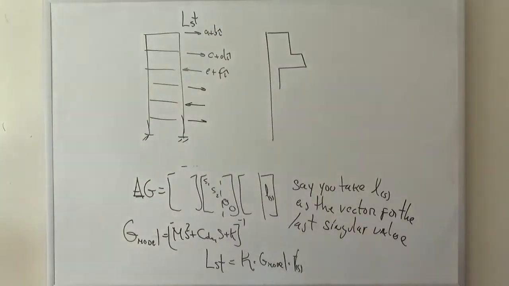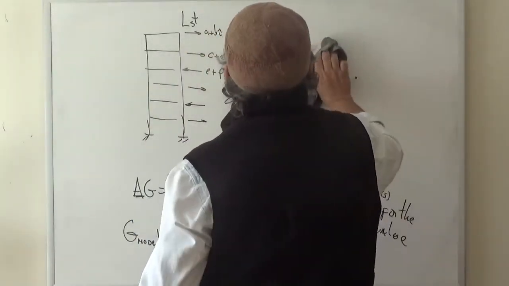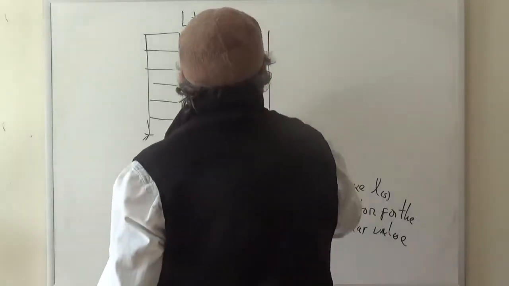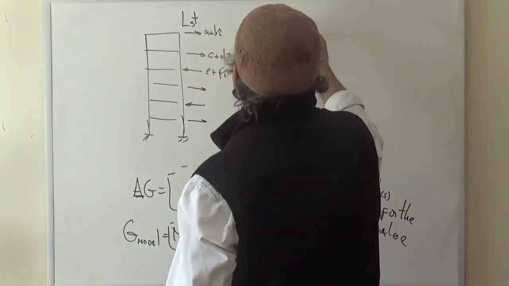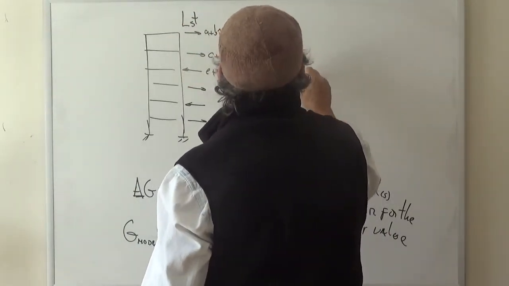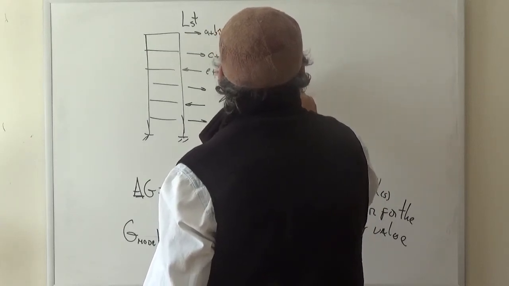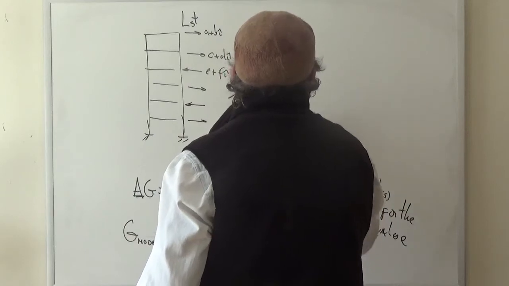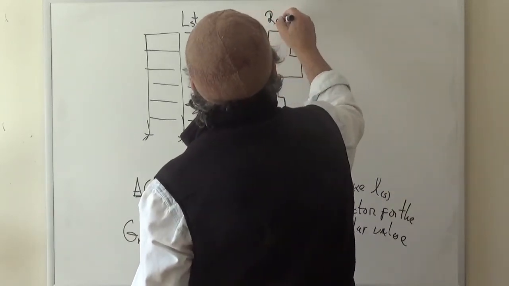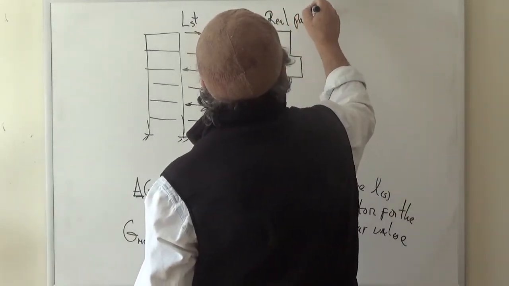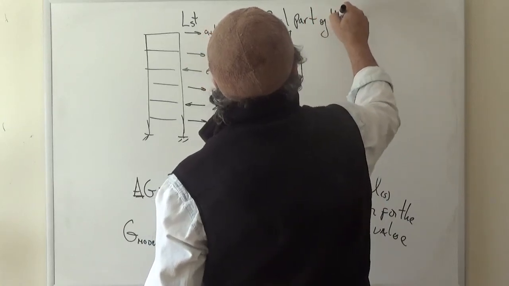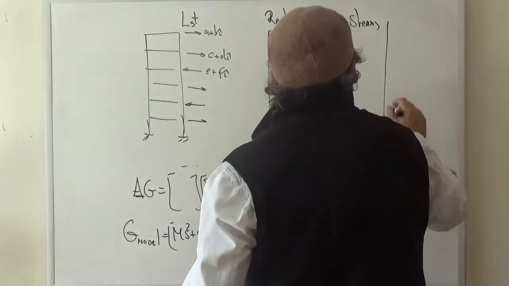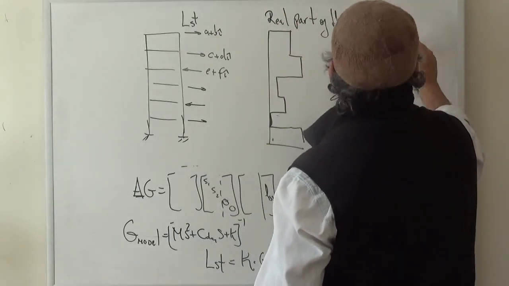That is not a good idea, what I'm drawing here, because you might be saying, what is the size of that? So let me just do it this way to be more precise, and I apologize for my error last time. This could be something like this, where this is the real part of the shears. And you can do the same thing for the imaginaries, right?